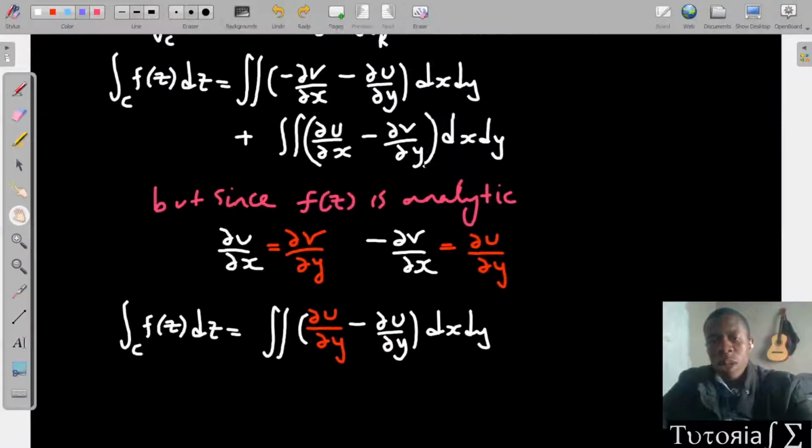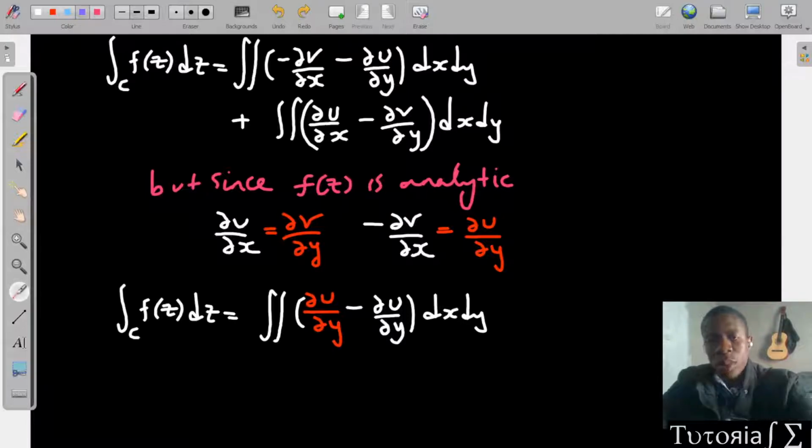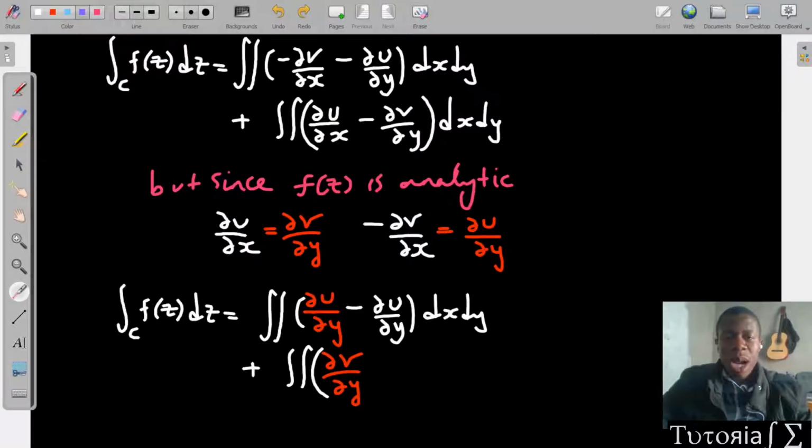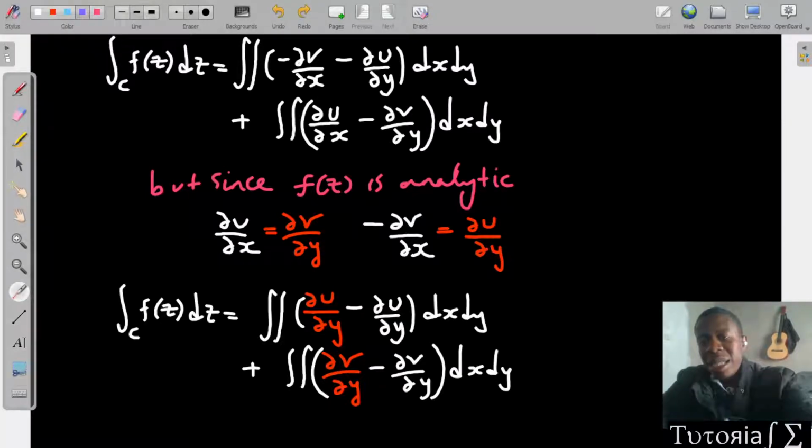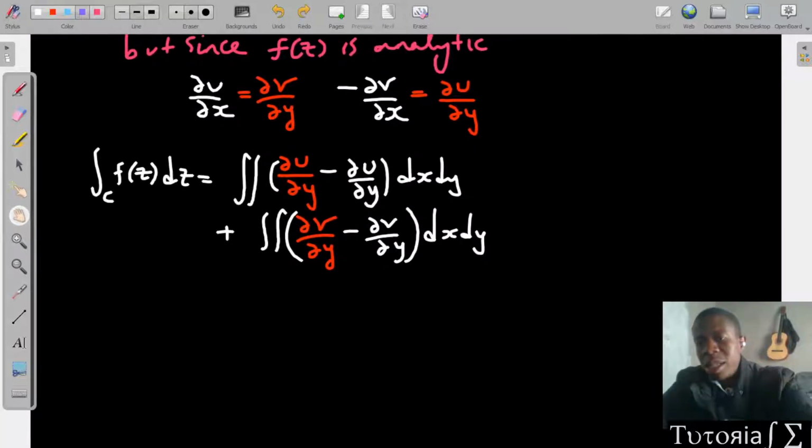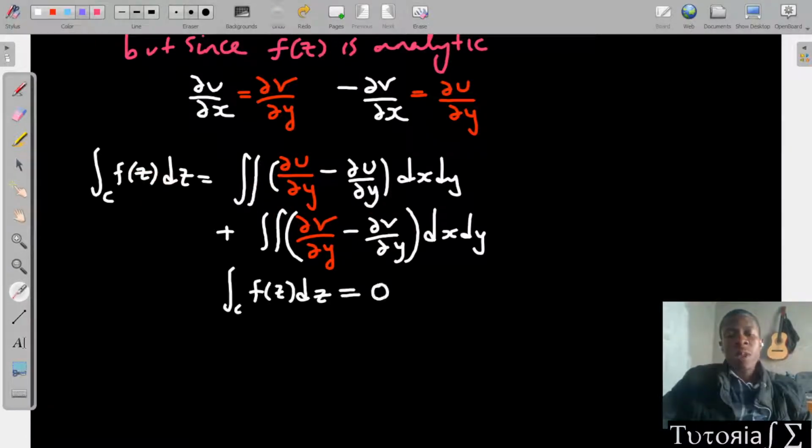Then the other part as well, du/dx is equal to dv/dy, minus dv/dy. As you can see right here, this minus this will give us 0, and this minus this will give us 0. That is to say that this is equal to 0 plus 0, which is just 0. All right, so this proves our Cauchy's theorem. This is Cauchy's theorem.